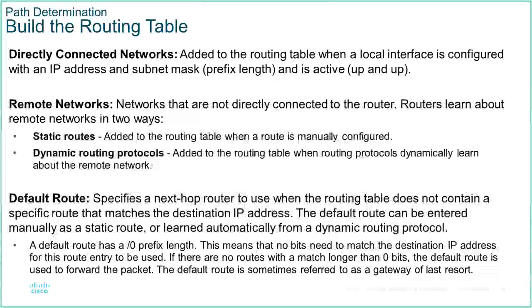So what this does is it says, if you do not have a specific match elsewhere in the routing table, you will always match the default route, and I'll forward you on to another device to see if they can forward you to a specific location. Now, default route is also known as a gateway of last resort. So if you actually look at the routing table, that's what it comes up as, gateway of last resort.